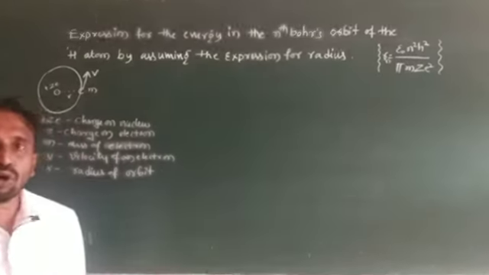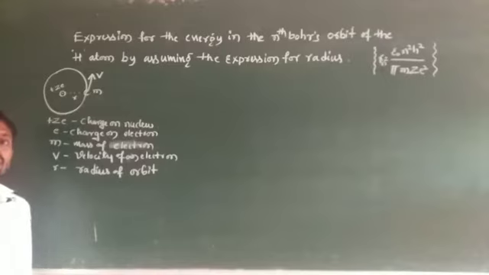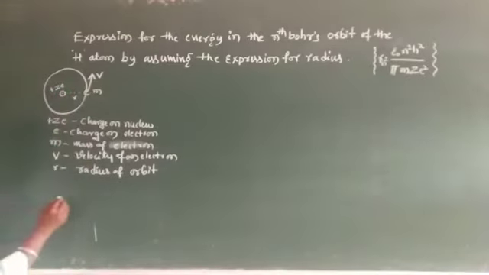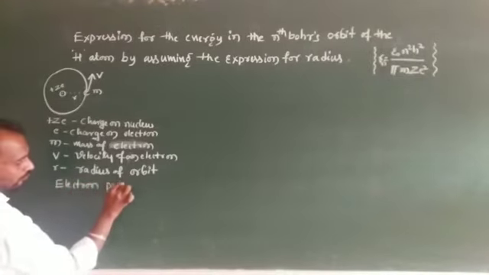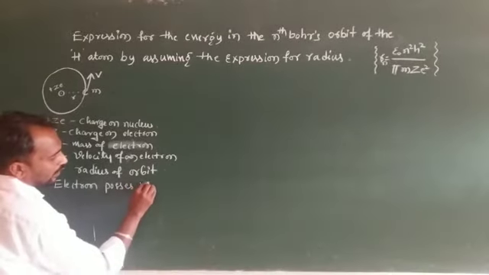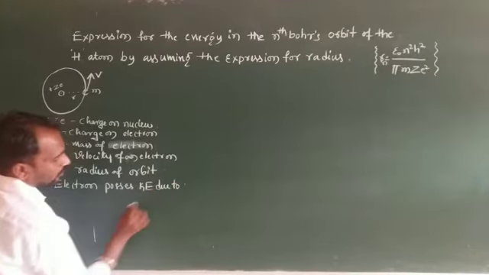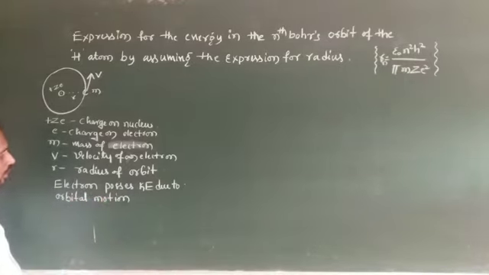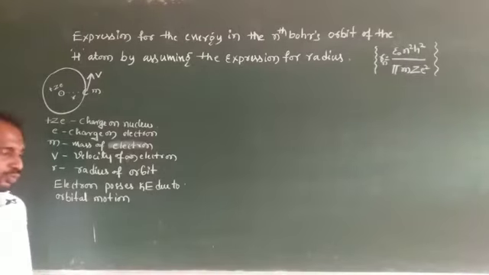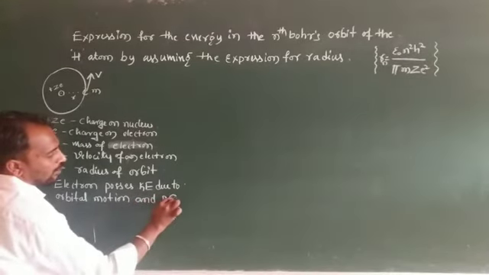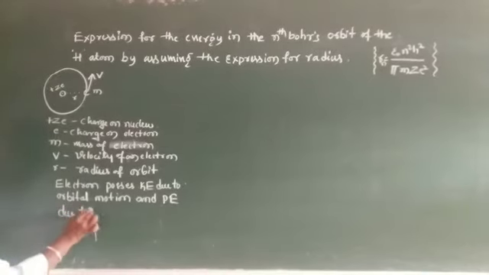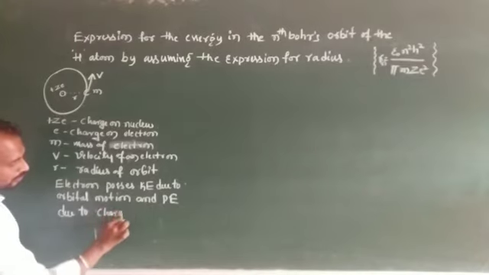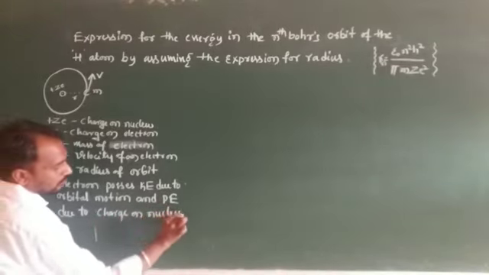The electron possesses kinetic energy due to orbital motion, and potential energy due to the presence of the charge on the nucleus.